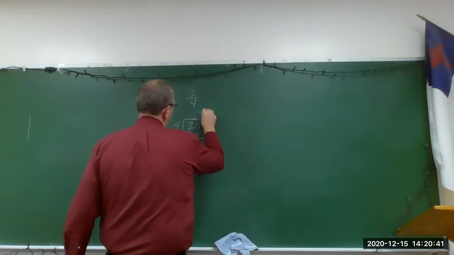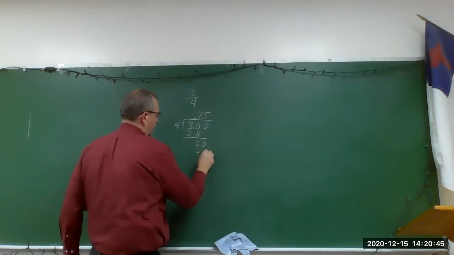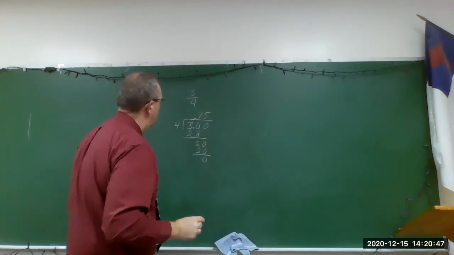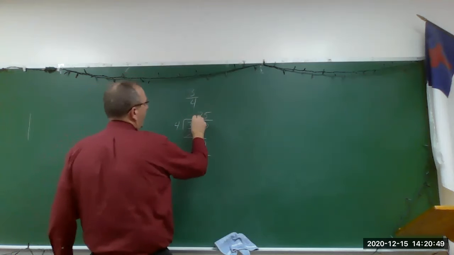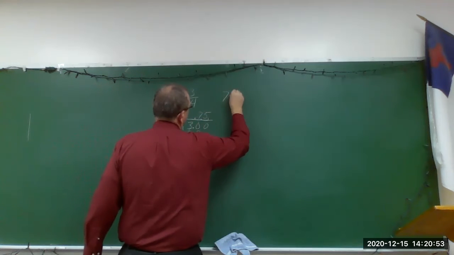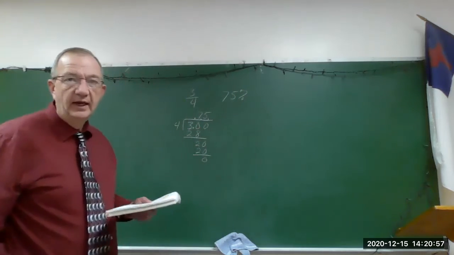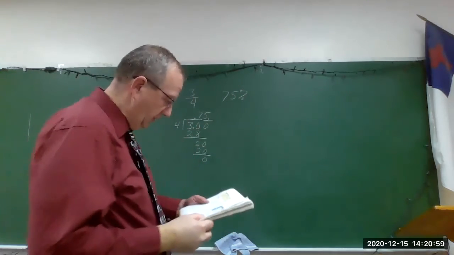Okay, 4 goes into 20 5 times, so you have 0.75, right? And 0 remainder. Okay, so 0.75, we're going to move that decimal 2 places to the right, and it's going to give us 75%. Okay, that's how you do those.